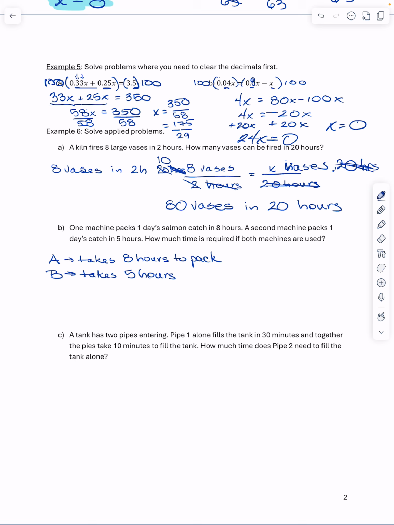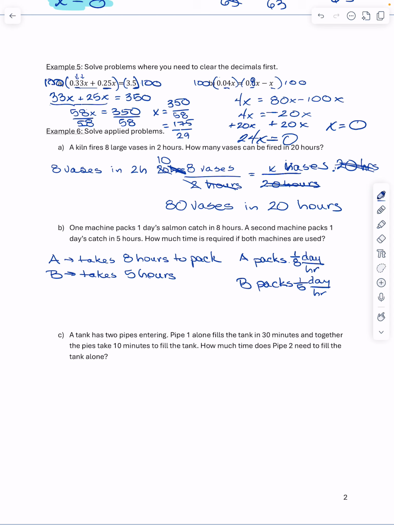That means that machine A packs 1/8 of the day's catch per hour. Machine B packs 1/5 of the day's catch per hour.